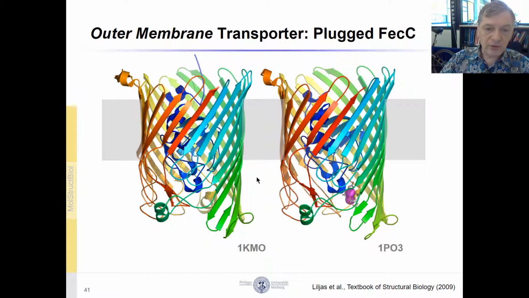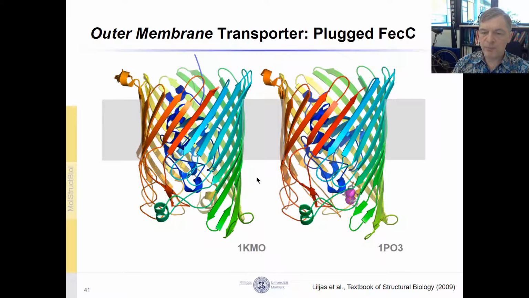Okay, and there are even some porins which are not water filled, at least not in the normal state, like this protein here, called FecA. It's a transporter for the iron citrate complex.